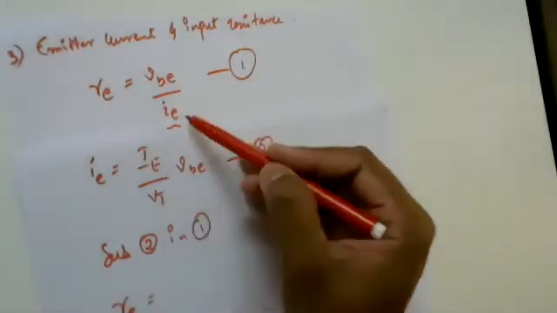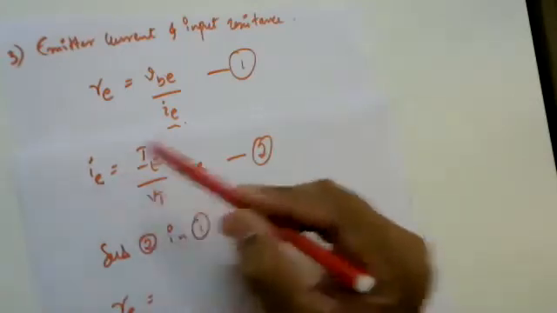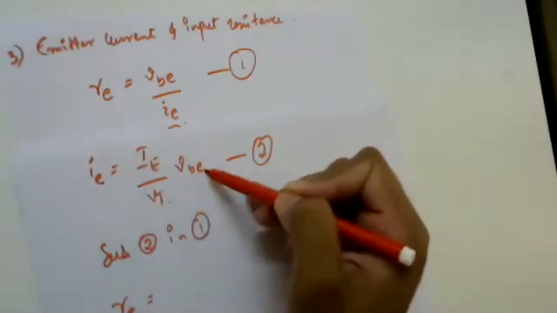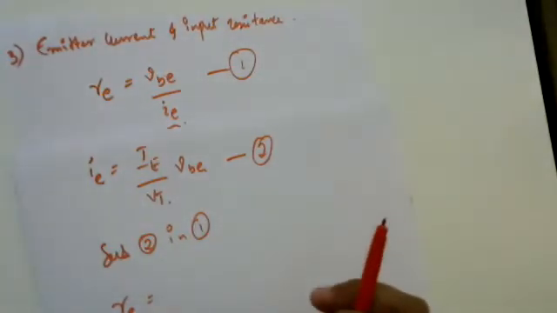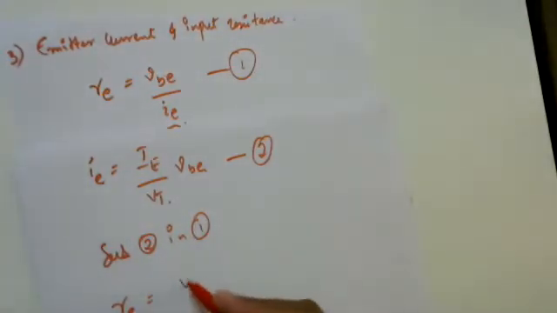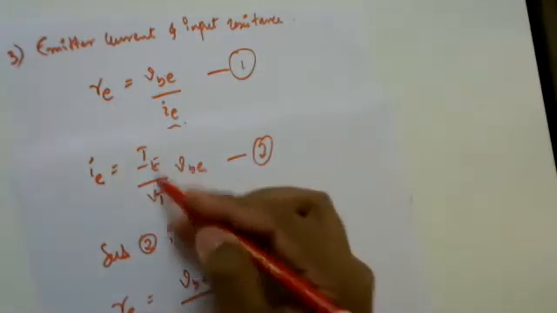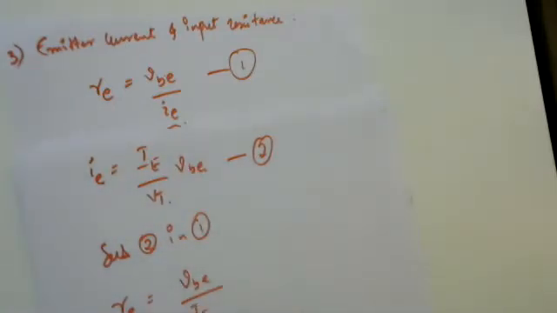Re is equal to Vb by IE, but what is my IE? IE is Vt into Vbe. So if I write this expression here, this is VBE divided by IE by VT into VBE. Then what will be left out now?